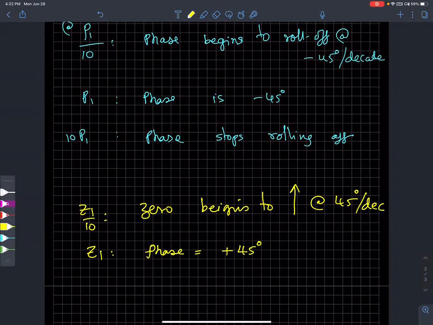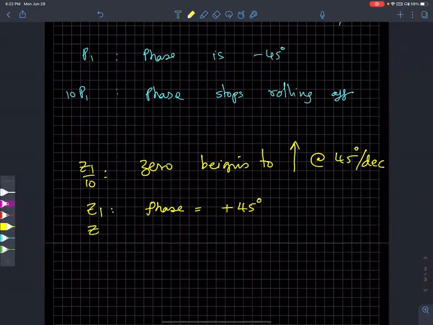Not positive 45 degrees, but an addition of 45 degrees to where you began. Then at Z1 times 10, your phase stops increasing. It will have gained 90 degrees in phase, and then it begins to flatten.